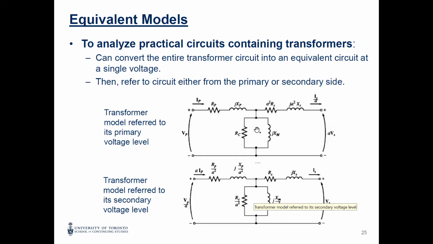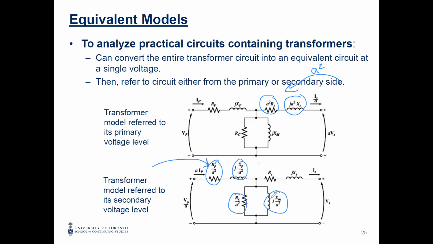What we use for the impedance is just A squared, right? You can see I moved from the secondary to the primary, so I multiply by A squared. You can see it in the X and R here. Then I moved from primary to the secondary, so I divided by A squared.